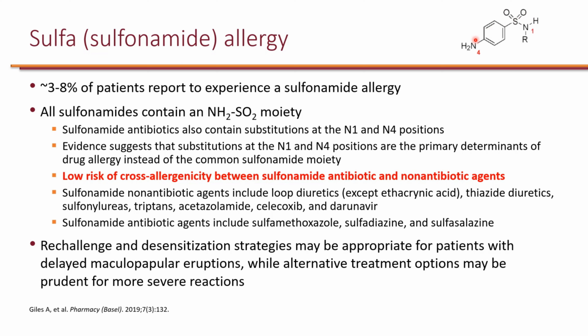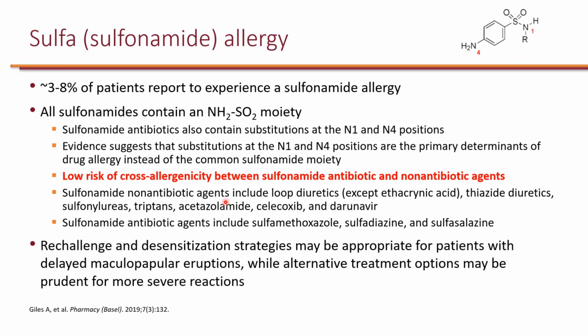So based on the evidence that's available currently, there is a very low risk of cross-allergenicity between sulfonamide antibiotics and non-antibiotic agents. So when you hear a patient has a sulfa allergy, you should determine if it was due to a sulfonamide antibiotic or a non-antibiotic sulfonamide.